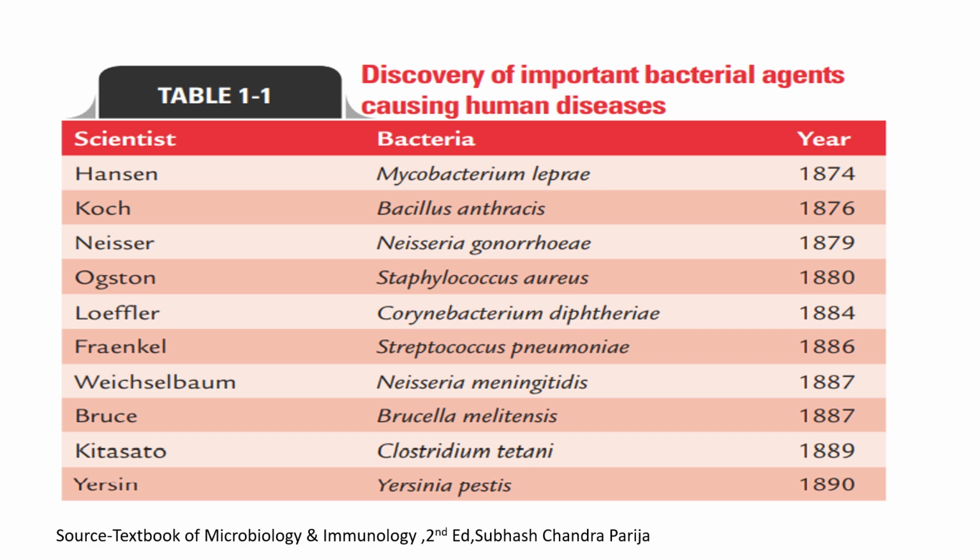The first one is leprosy, caused by Mycobacterium leprae, and the others are anthrax, gonorrhea, staphylococcal intoxication, diphtheria, pneumonia, meningitis, brucellosis, tetanus, and of course plague. So all these diseases were studied by different scientists, and they discovered the organisms responsible for these diseases in different periods of time.